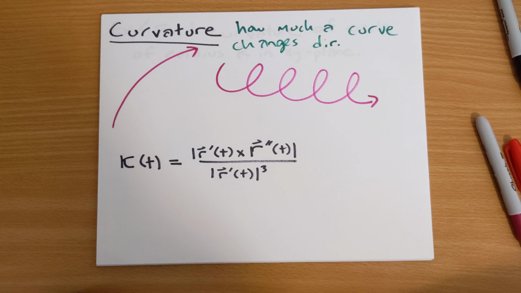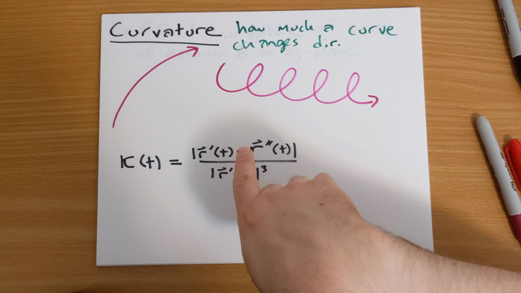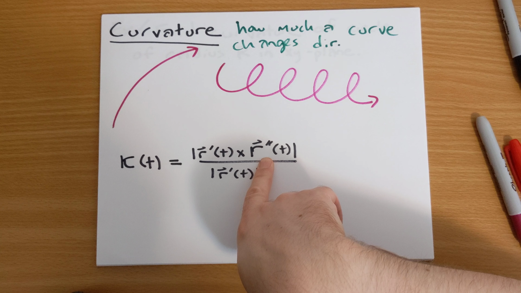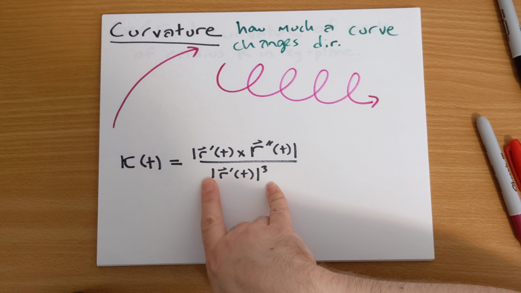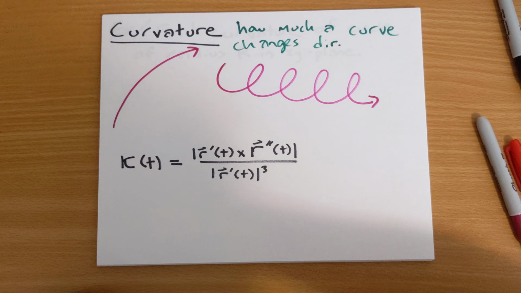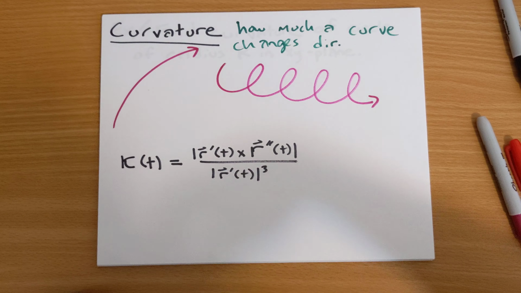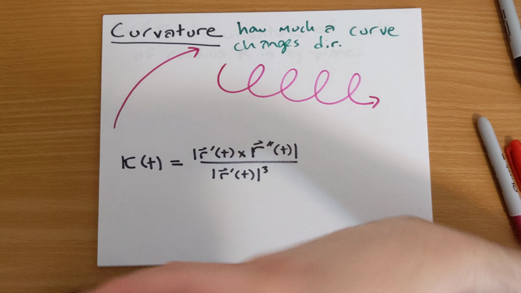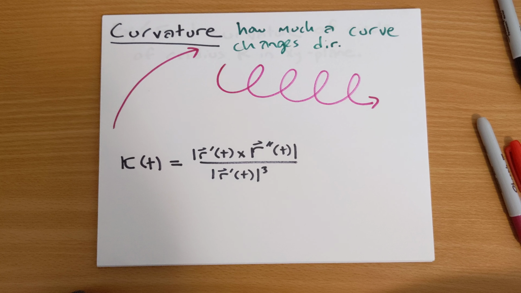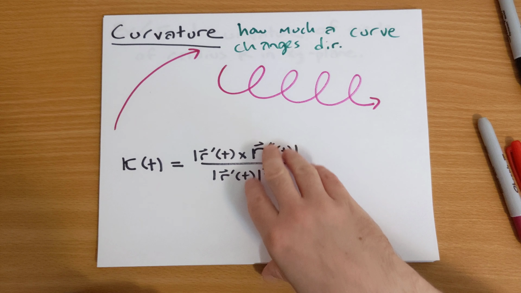The magnitude of r prime of t cross r double prime of t, all of that divided by the magnitude of r prime of t cubed. If you want to see a derivation of this, check the textbook. I'm not going to work through it. This isn't something I expect you have memorized, but it's something you might want to apply at some point.